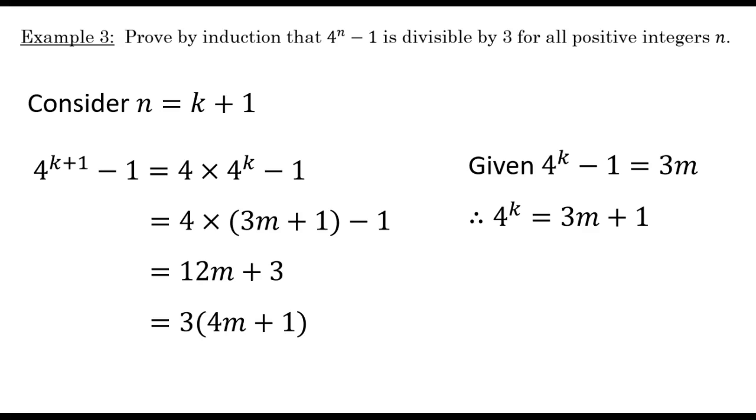So I've got 3 times some integer. That means that 4 to the power of k plus 1 minus 1 is divisible by 3. If I can take a factor of 3 out of that expression, and the quotient is an integer, then that expression is divisible by 3.